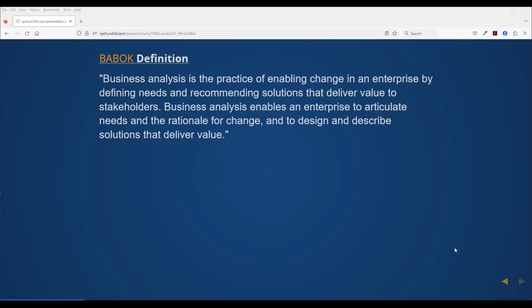So, to quote, business analysis is the practice of enabling change in an enterprise by defining needs and recommending solutions that deliver value to stakeholders. Business analysis enables an enterprise to articulate needs and the rationale for change, and to design and describe solutions that deliver value. There are a few other things to think about.